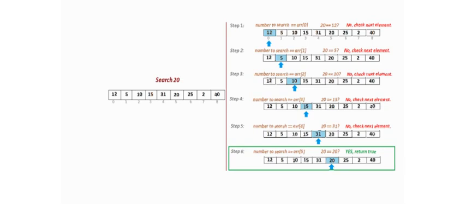Yes, it is true, so it returns the position, indicating that the search value is in this position. And if it checks till the end and 20 is not found, it returns that the search value is not found in this array.